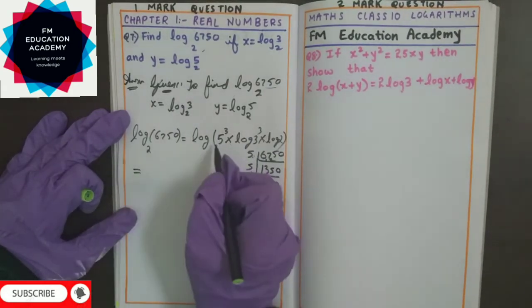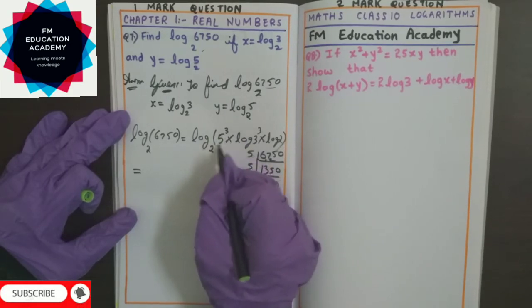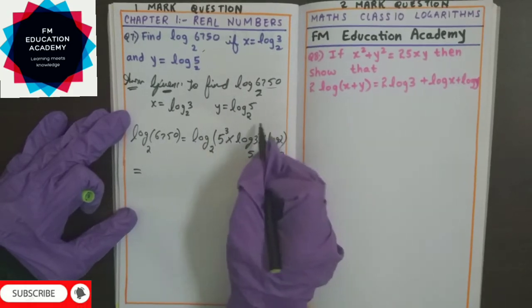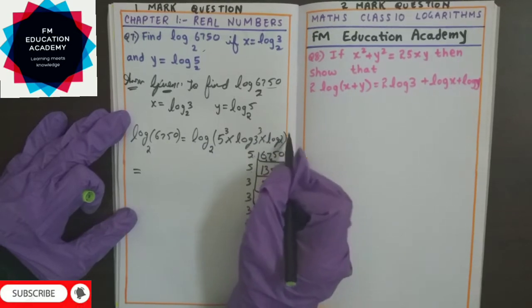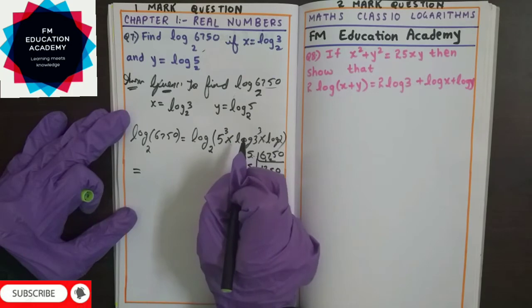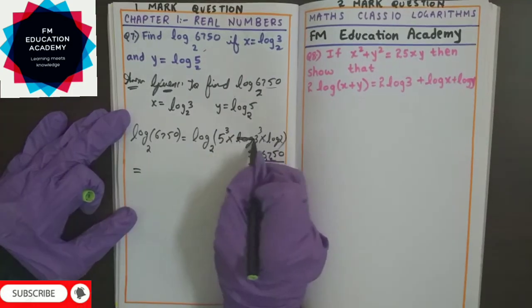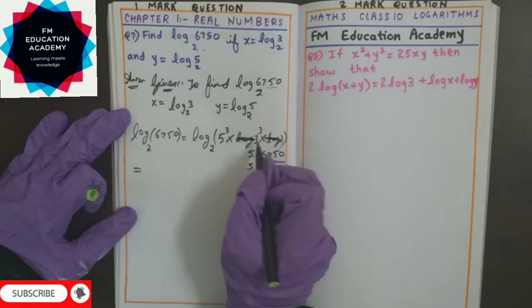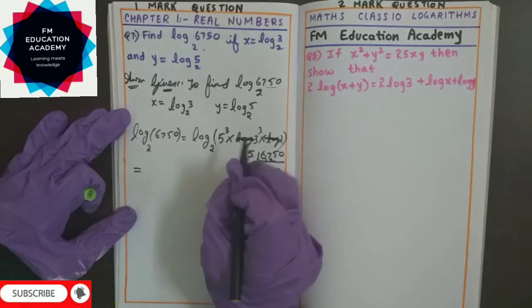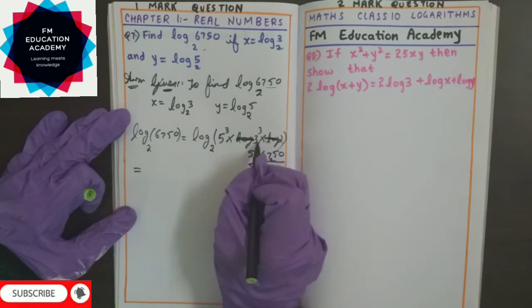Now observe this, to the base 2 we have. This is of the form log x into y into z, where the whole 5 cubed can be assumed as x, 3 cubed can be assumed as y, and 2 can be assumed as z. Log of 5 cubed into 3 cubed into 2 can be written as log x plus log y plus log z.